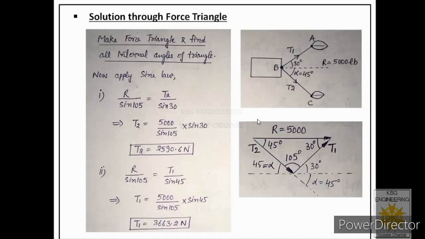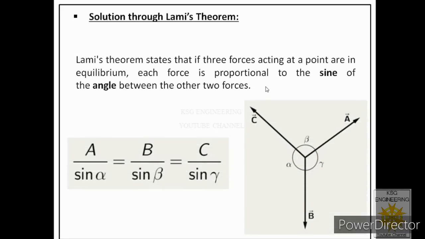Now in the next part of the lecture, I will solve same problem by another method. That method is known as Lami's theorem. So first of all, let us see what is Lami's theorem. Lami's theorem states that if three forces acting at a point are in equilibrium, each force is proportional to the sine of the angle between the other two forces.